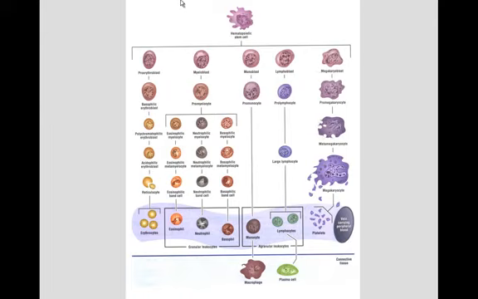Here, as we look at the different cells in the blood, we can see the lymphocytes came down through a series and ultimately produced the lymphocytes that we saw in the blood. Also, we can see the red blood cells coming down through here, losing the nucleus, and then ending up to be erythrocytes.